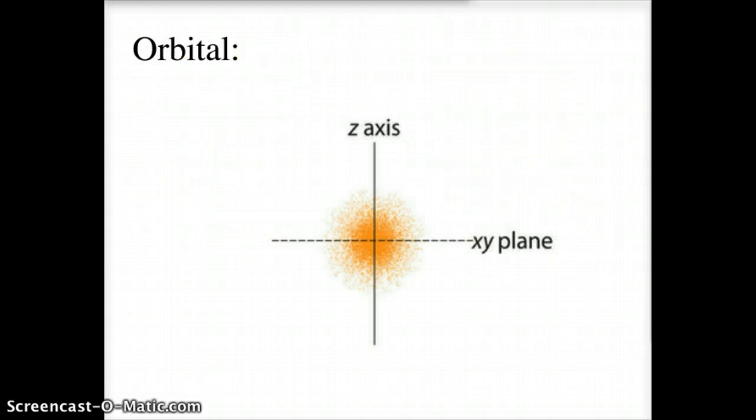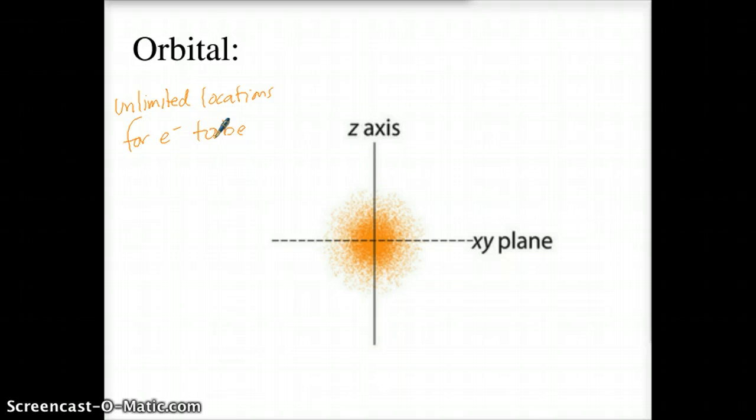Well, when you solve the Schrödinger equation for 1 electron in an atom of hydrogen, what you find is there's an unlimited number of places where the electron could be. But some locations are much more likely than others.